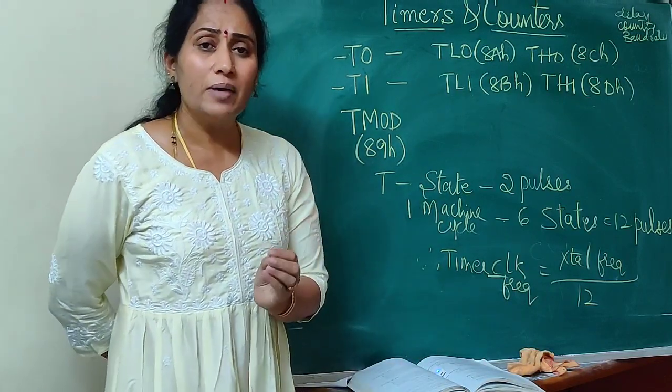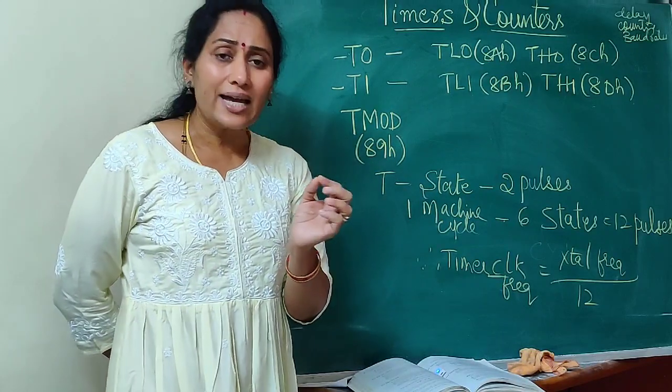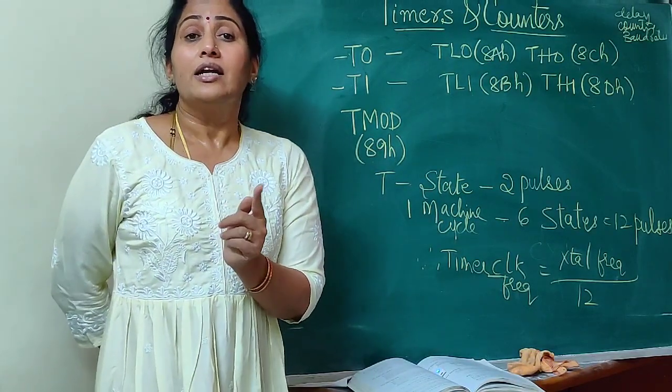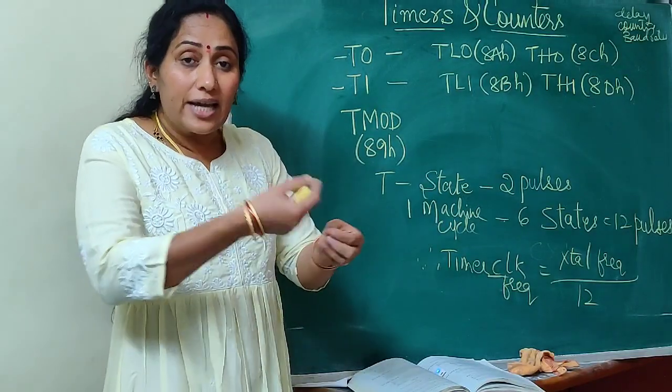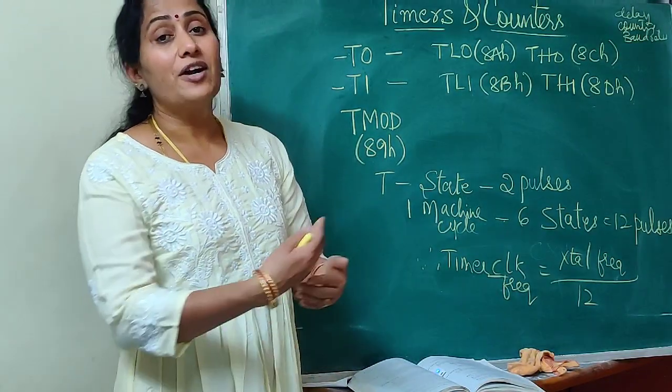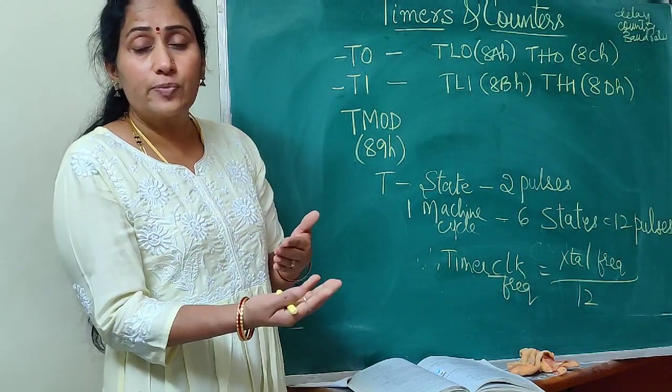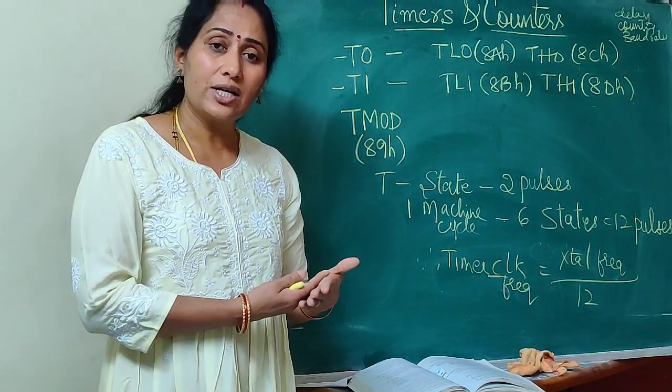So why does the machine cycle length vary? The length of the machine cycle depends upon how the data is being fetched, which type of addressing mode it is using, how the source is specified and how the destination is specified.